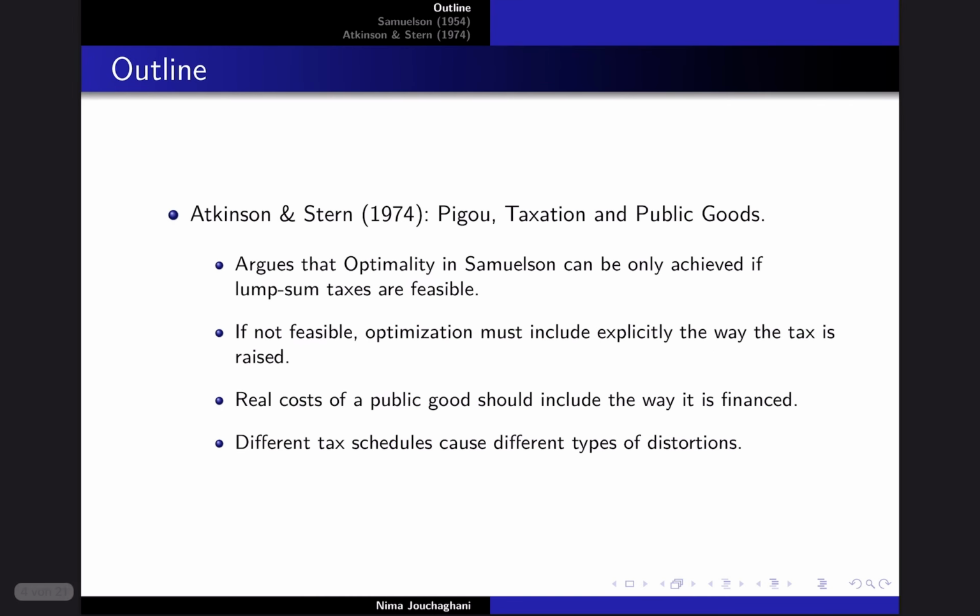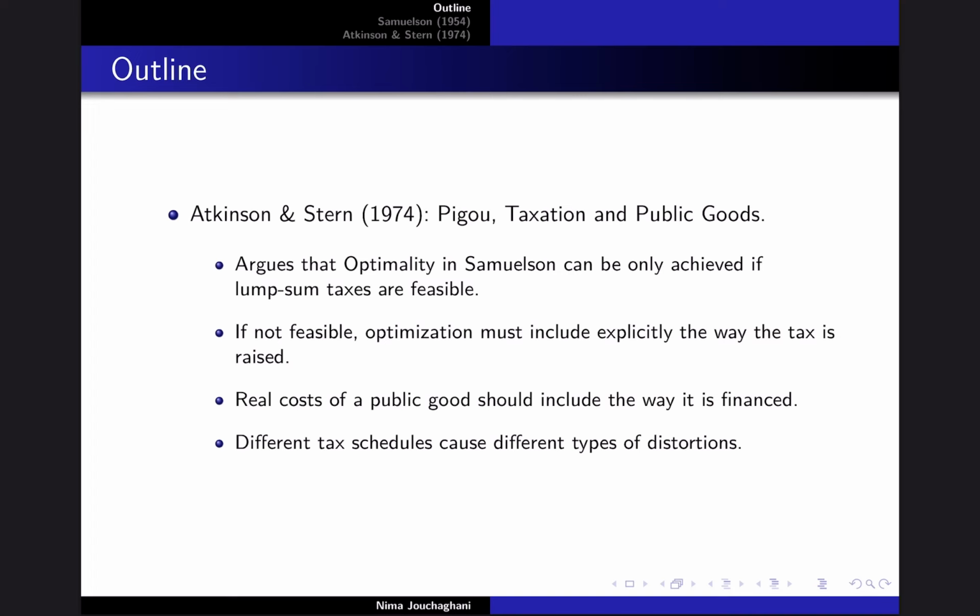The second paper by Atkinson and Stern is arguing that the optimality as it is stated in the Samuelson paper can only be achieved if lump sum taxes are feasible. Lump sum taxes are taxes where you simply subtract a fixed amount from everybody in the economy.